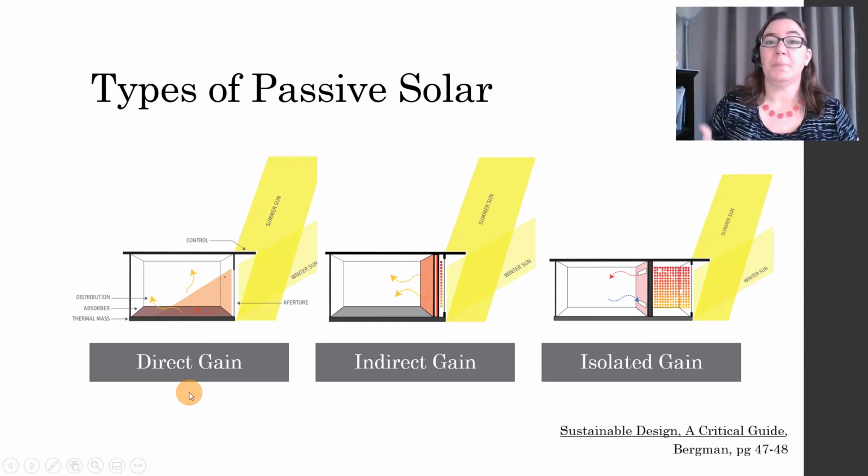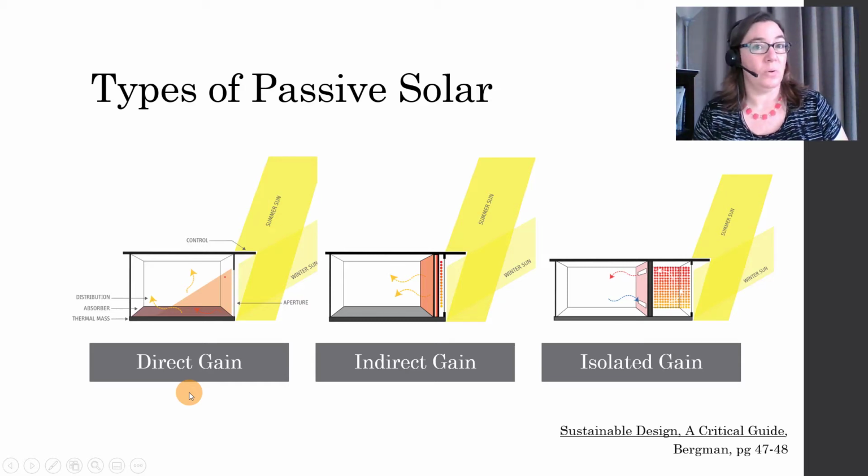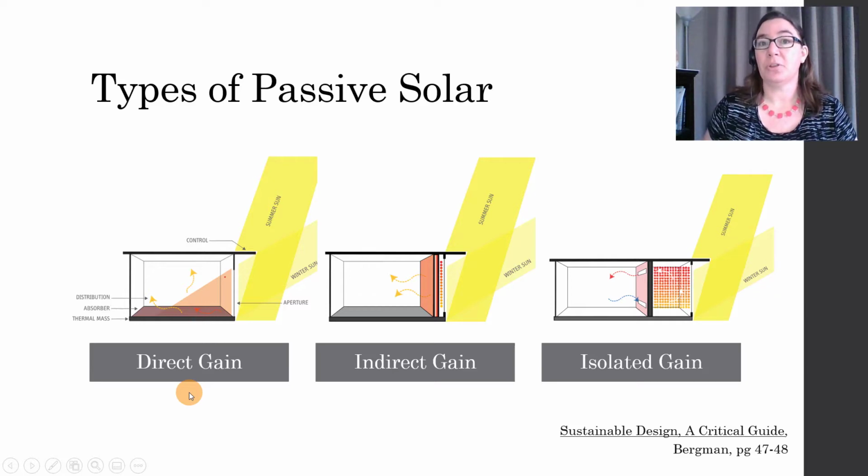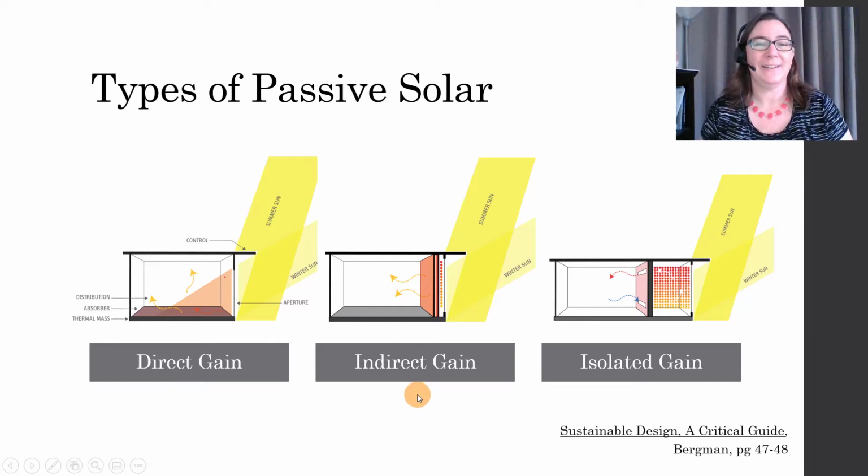The benefit of this particular system is that it is the simplest way to achieve the same goal. But the downfall is that you get severe temperature fluctuations, because your heat is entering directly into the living space.